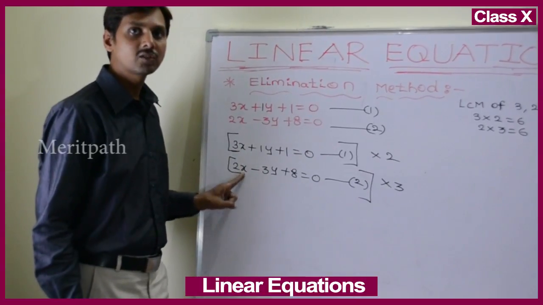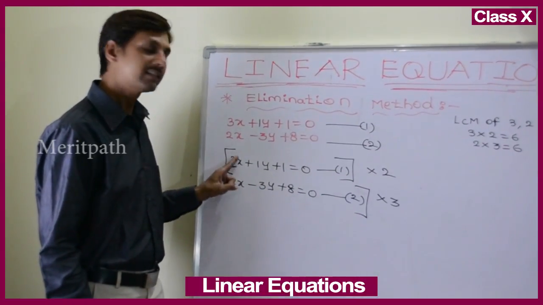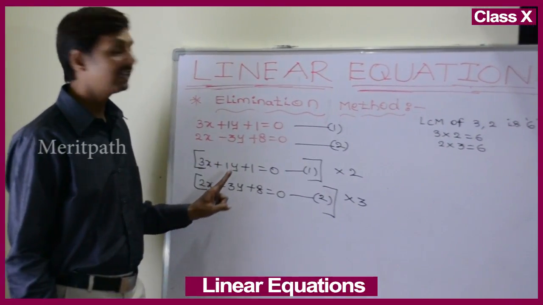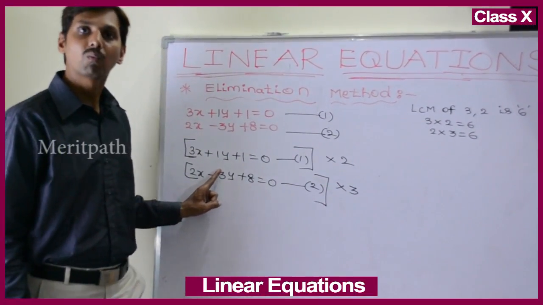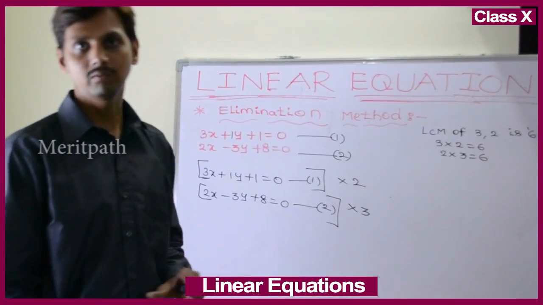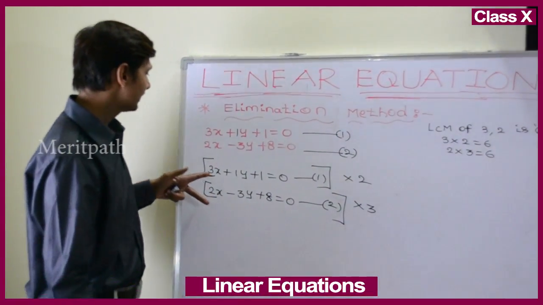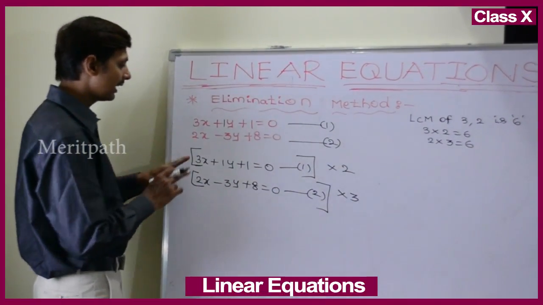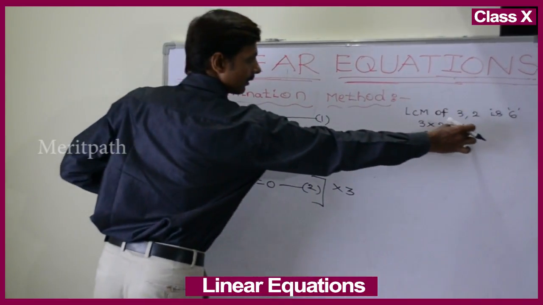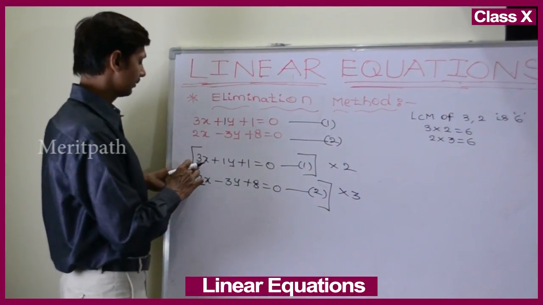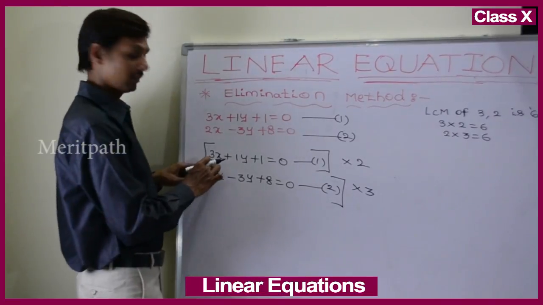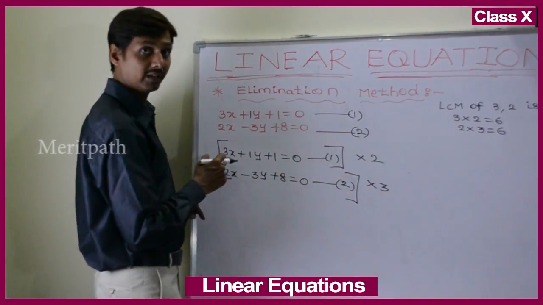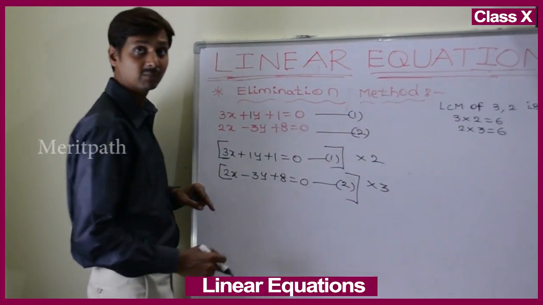Then the coefficients of the variables become the same, 6 and 6. Not only x, we can make the coefficients of y equal also. Here we have taken the x values, so let us multiply by 2 for that reason. 3 into 2 is 6 and 2 into 3 is 6. That's the reason we multiply this whole equation by 2, and this whole equation by 3.